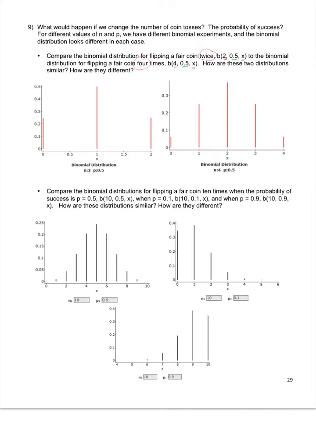So how are these two distributions similar and how are they different? So again, 2 coin flips is there, 4 coin flips is there. So you may want to press pause for a moment, jot down some notes to yourself, and press play when you're ready. What you're going to find is that in both cases, the shape is unimodal and also symmetric.